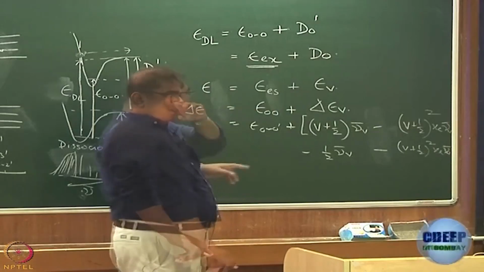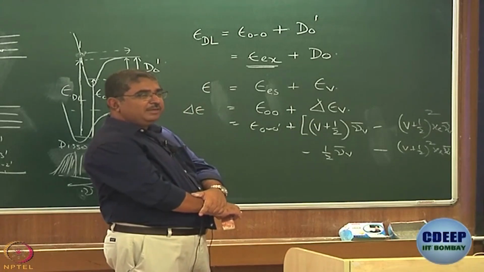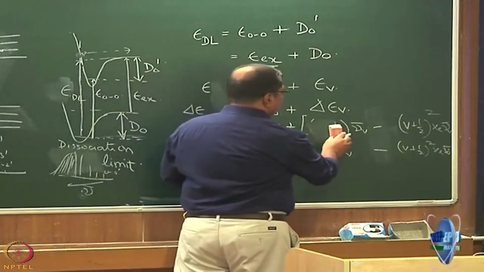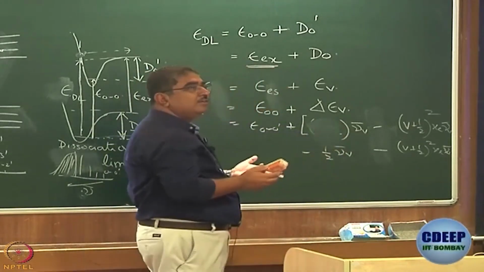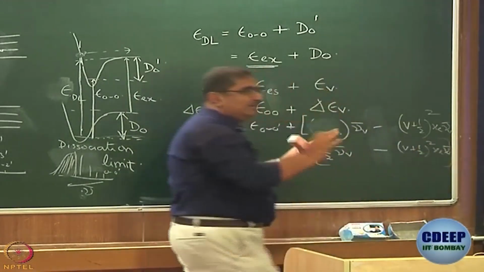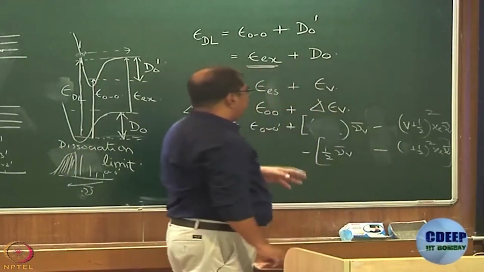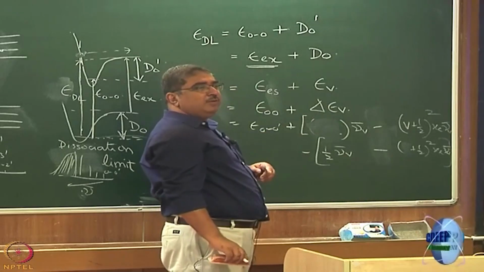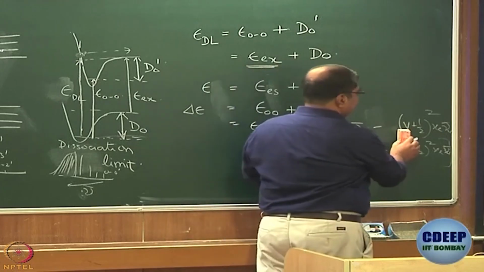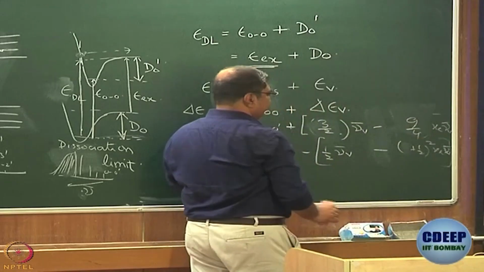Okay. So, let us put V equal to 1, what do we get? If I put V equal to 1, what do I get? So, this becomes what? Sorry, V equal to 0, fine. What happens when I put V equal to 1? 3 by 2, what is this? 9 by 4, what is this?